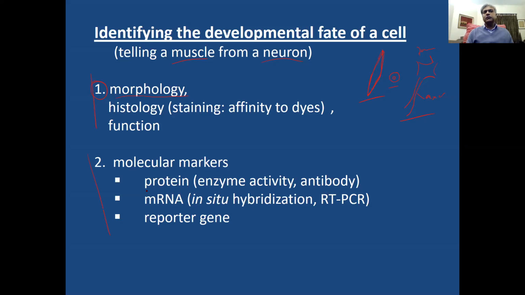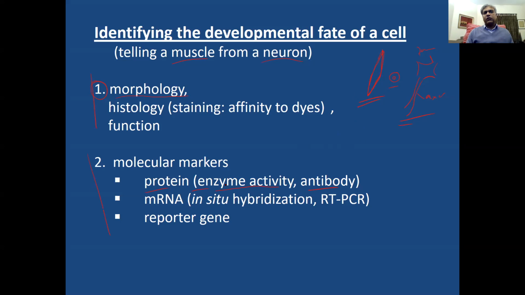We have to use cell type specific markers, and that can be a protein with specific enzymatic activity. If we have an antibody against that protein, we can simply do immunostaining of these two cell types and see if that particular neuronal marker or muscular marker is expressed in those cell types we are working on.